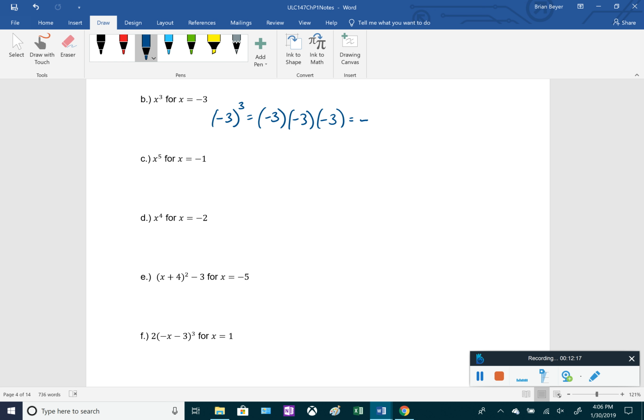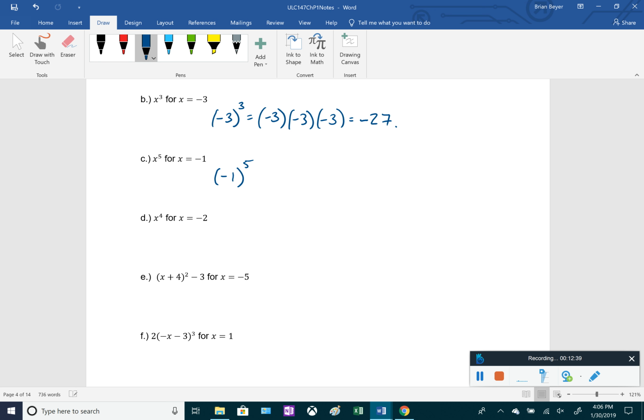So the first two negatives will make it positive, but the odd one out will make it negative, and 3 times 3 times 3 is 27. So negative 3 cubed is negative 27. So a negative to an odd power is a negative answer. Next one, x to the 5th for x equals negative 1.